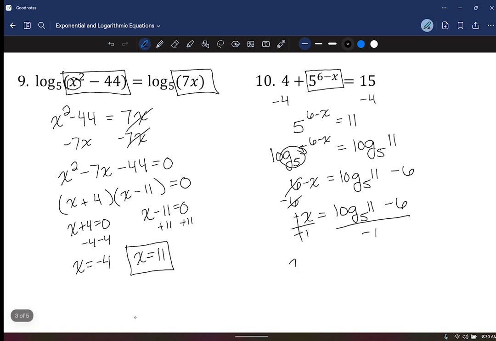And you will just plug that in your calculator as is. That gives me 4.51. Now, you could have just logged both sides like we had done on 7 and 8. And you're going to get the same exact answer. It really doesn't matter. You can do it both ways.